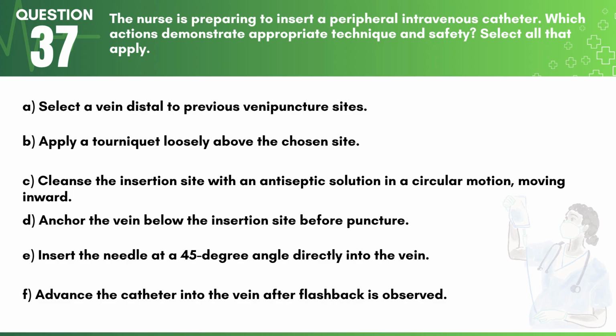C. Cleanse the insertion site with an antiseptic solution in a circular motion, moving inward. D. Anchor the vein below the insertion site before puncture. E. Insert the needle at a 45-degree angle directly into the vein. F. Advance the catheter into the vein after flashback is observed.